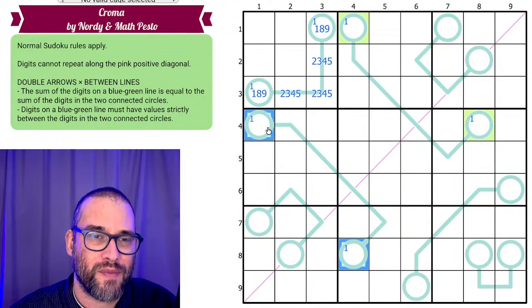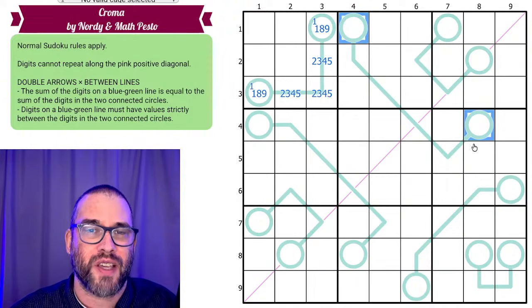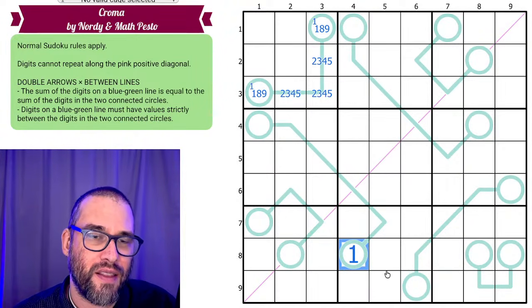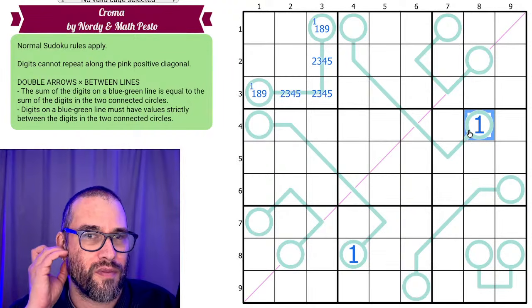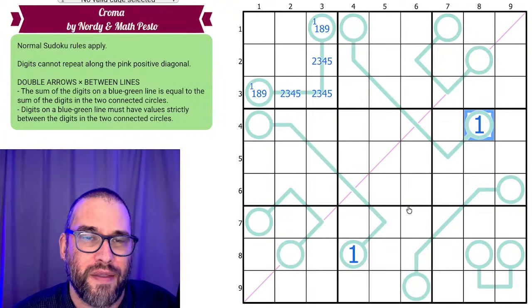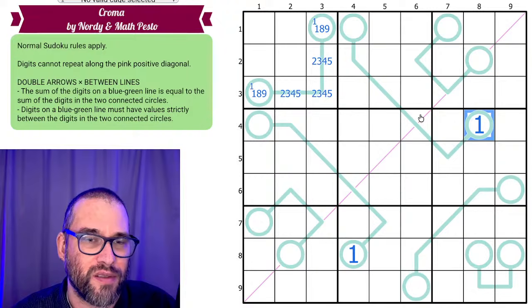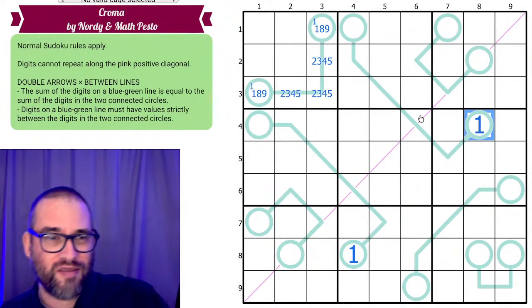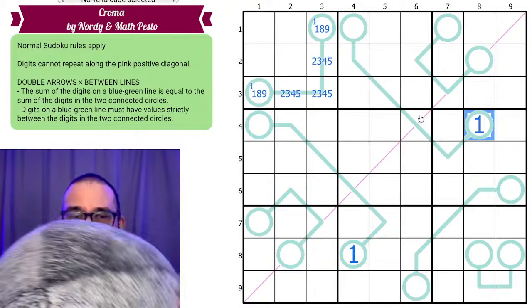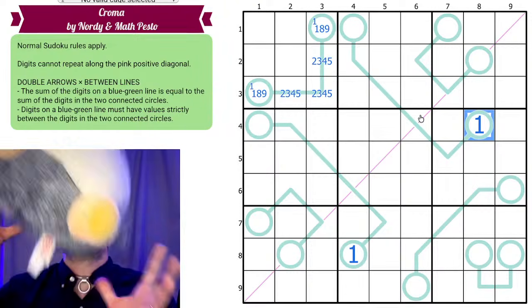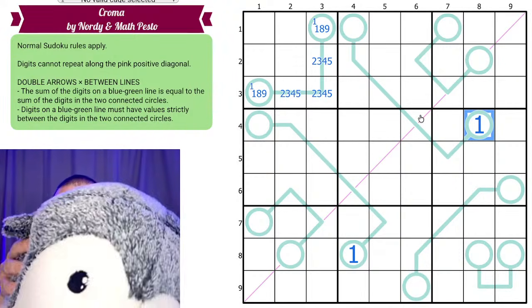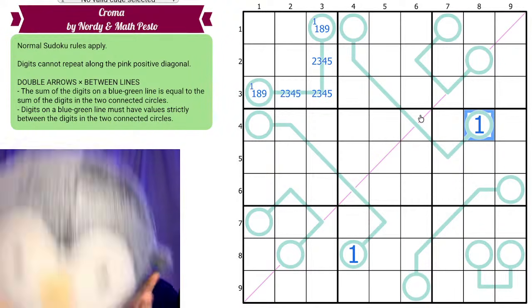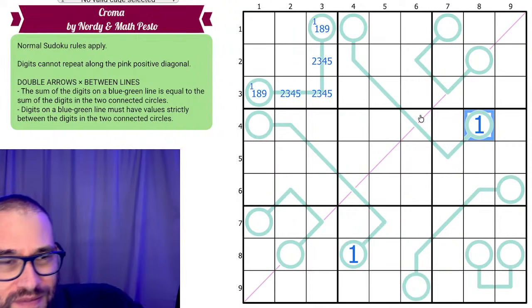So actually, I'm just going to remove my colors. I think my colors confused me. So these are actually both 1. Yeah, I had things backwards. I guess we could do a 1 dance.